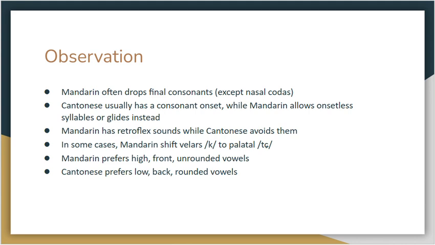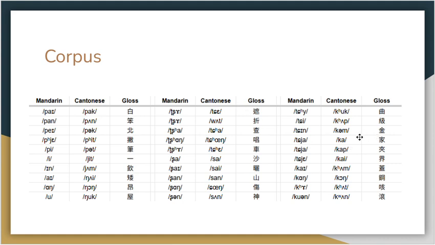And there is an interesting observation that in some cases, Mandarin shifts velars to palatals, such as in these cases: in Mandarin, the words are 曲 集 金 家 家 界, but in Cantonese, the onset of these words is different.